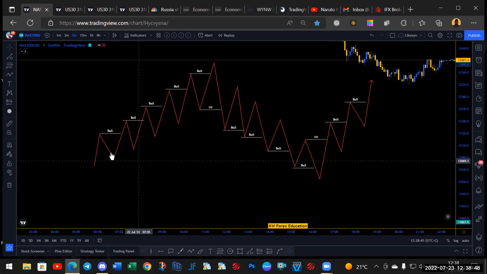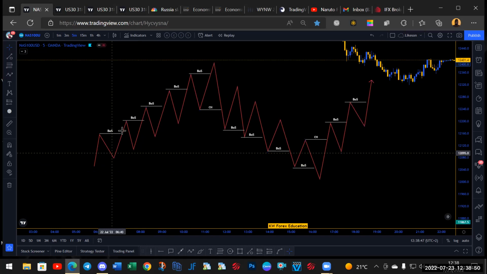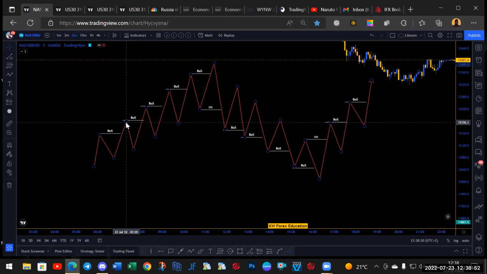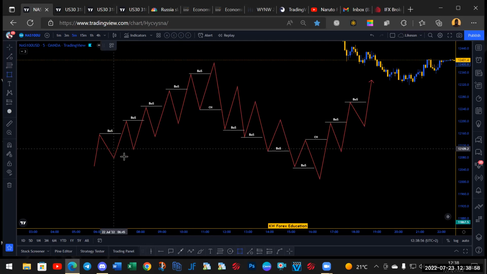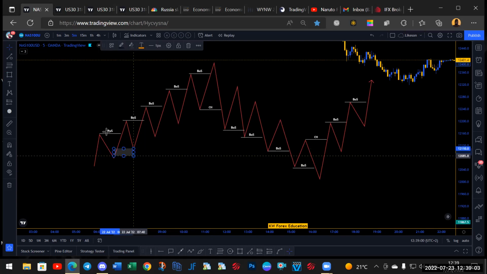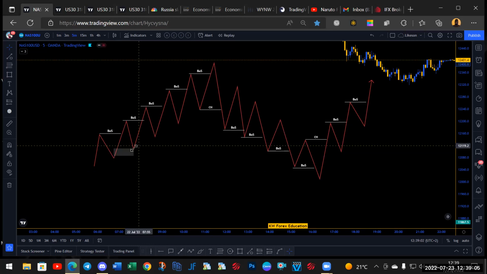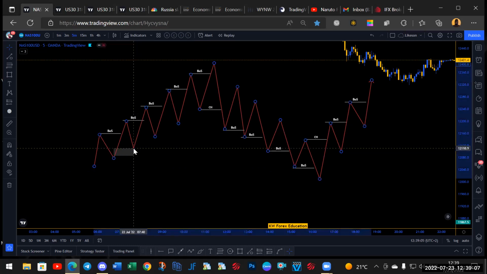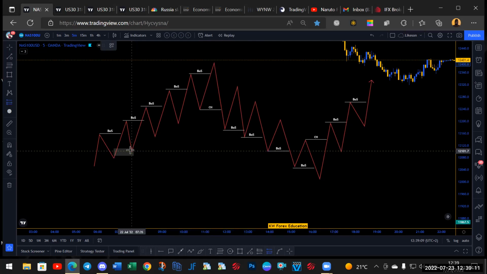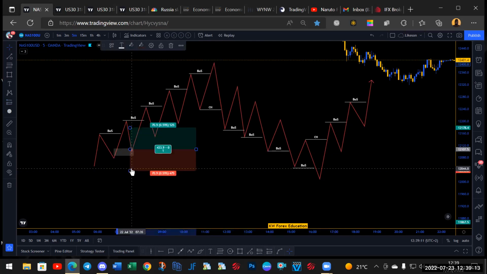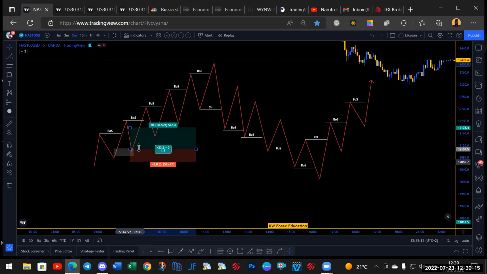So every time market makes a break of structure to the upward, what you do is you mark the order block or the demand that caused this break of structure, and you wait for market to come to that order block, and then you buy from there, right? And then you buy from this, right?